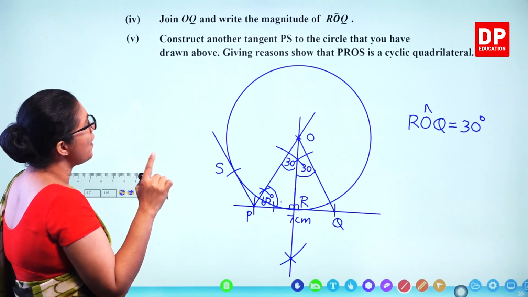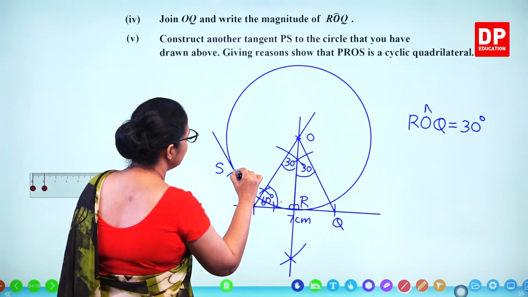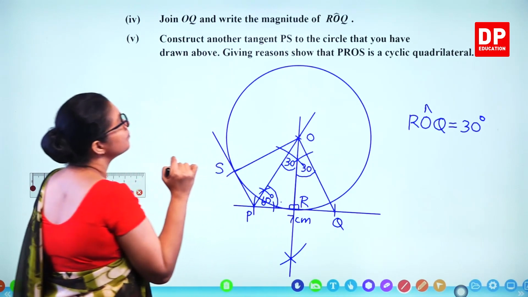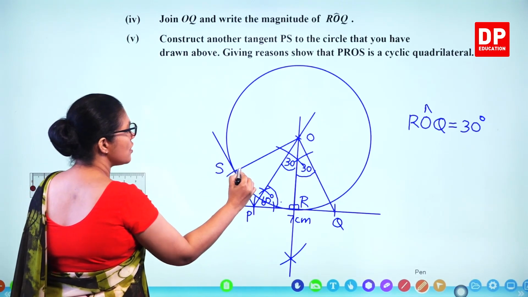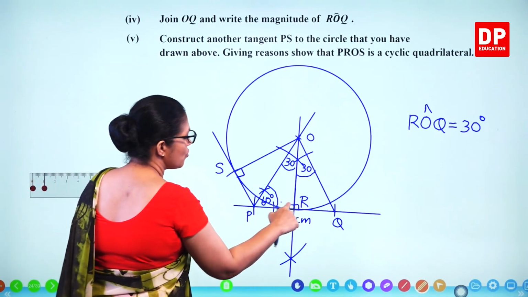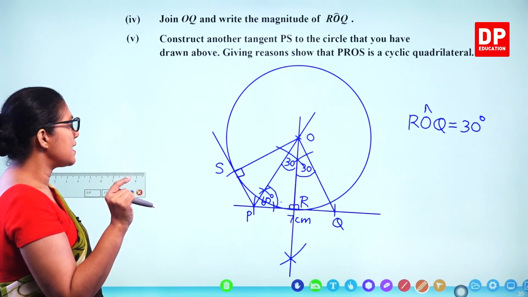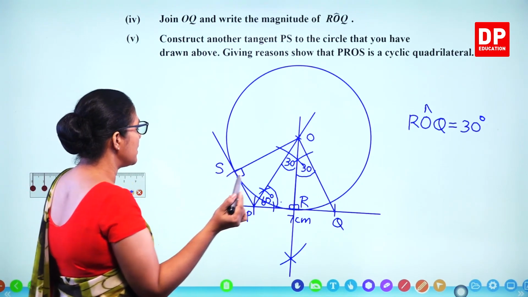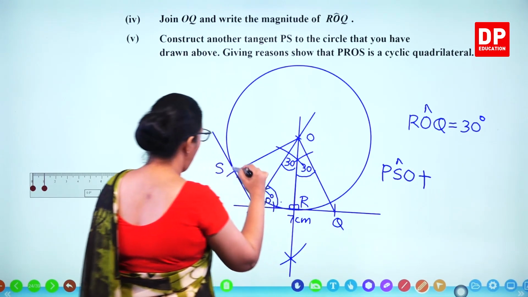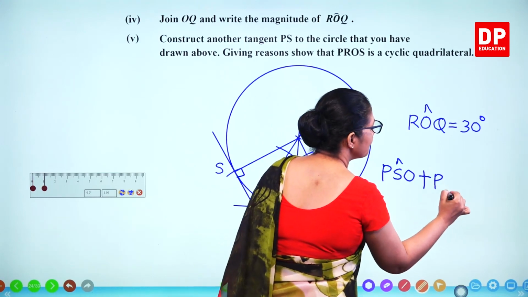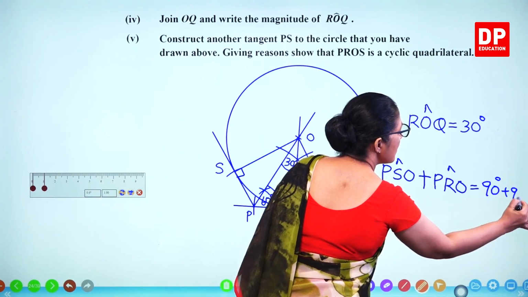Giving reasons, show that PROS is a cyclic quadrilateral. So how do you show that? So this is a tangent, this is 90 degrees. This is also tangent, 90 degrees. Can you see? Opposite angles add up to 180, 90 and 90. So that's a cyclic quadrilateral. So we can say PSO and PRO, 90 plus 90, 180.